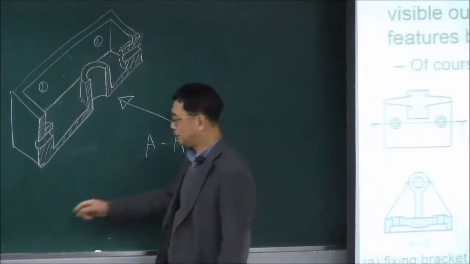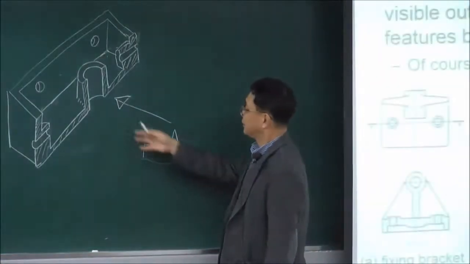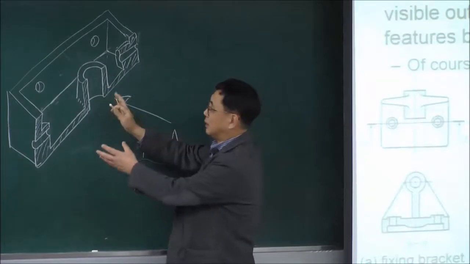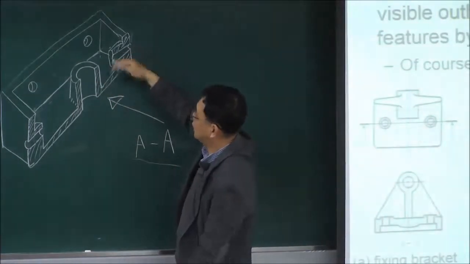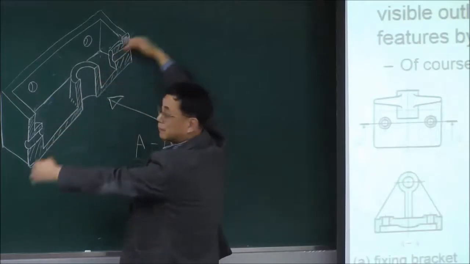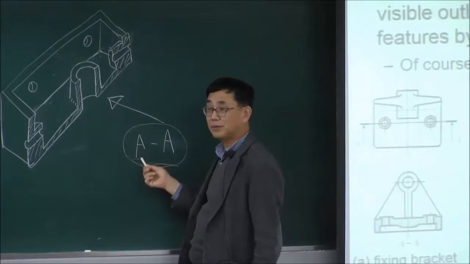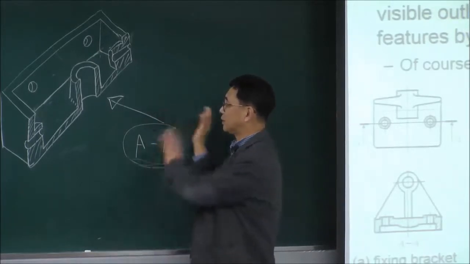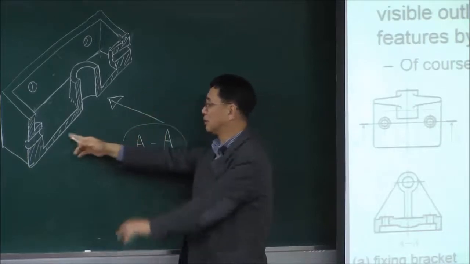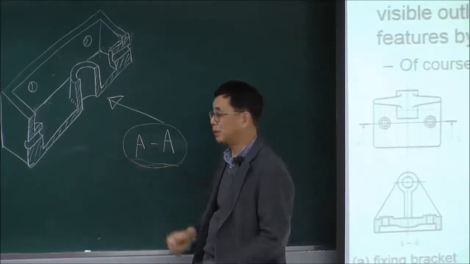This is the imaginary shape after the cut, a virtual cut, so it is cut in half. Then the front view AA is made by projection from this direction. That is how AA is made.